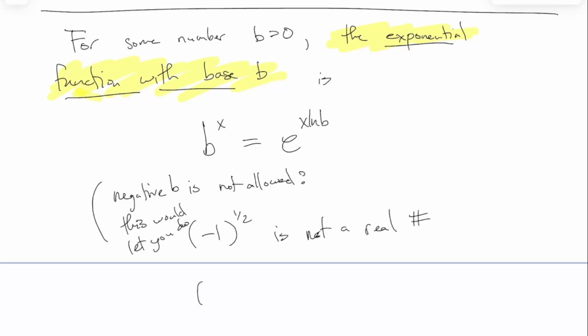Although, strange but true, some of these are real numbers. So if the base of your exponential function is negative, sometimes you get real numbers and sometimes you don't, and you end up getting something very weird. In any case, b to the x is not an ordinary function of real numbers.